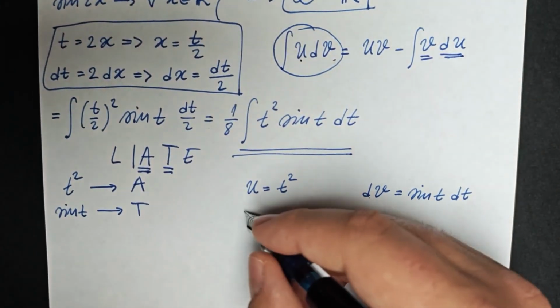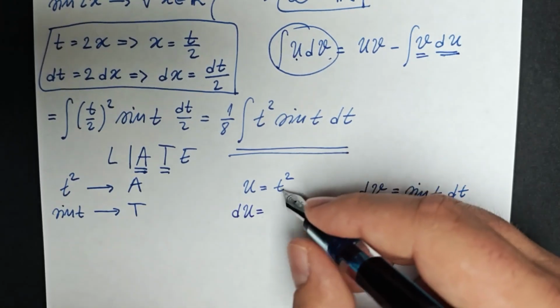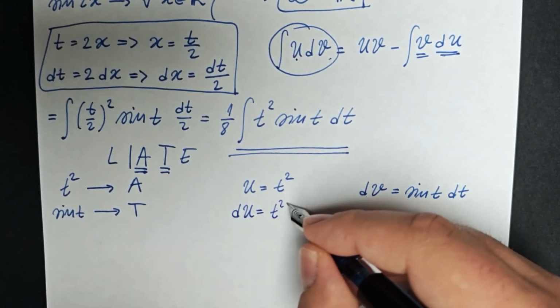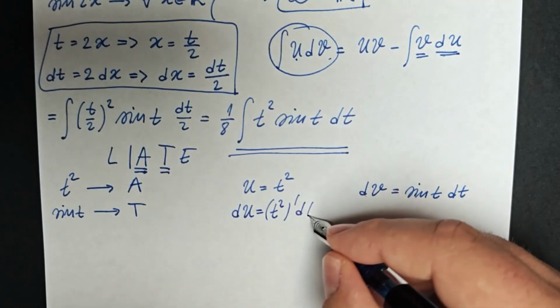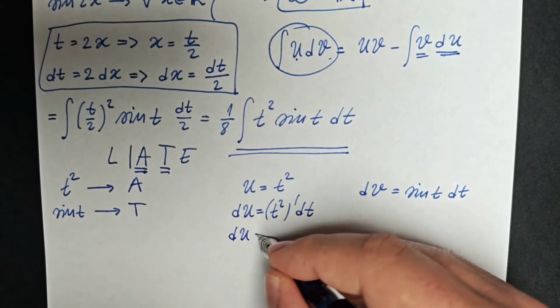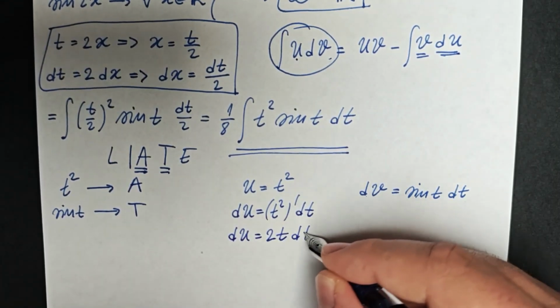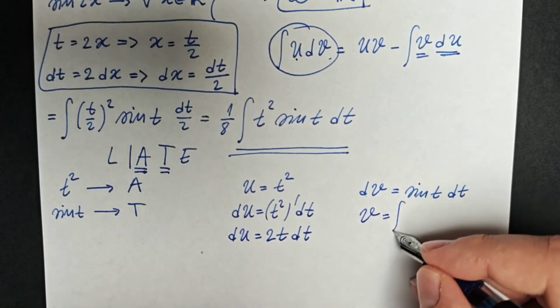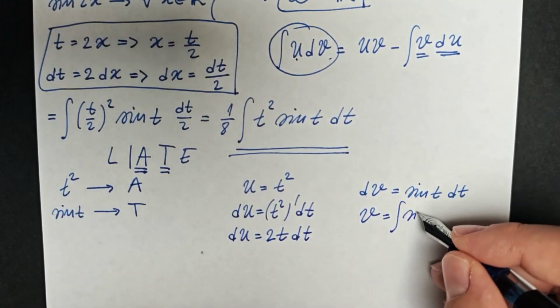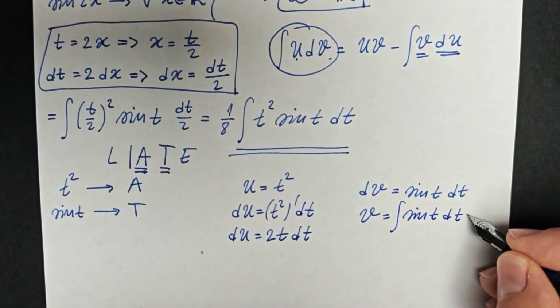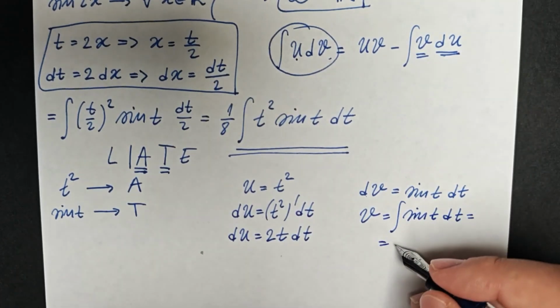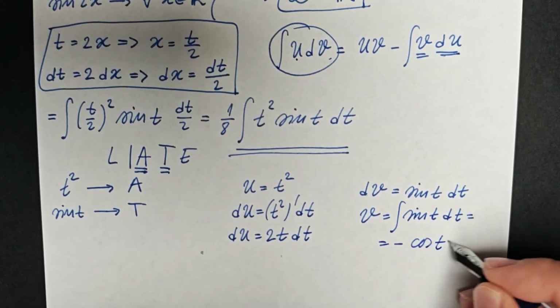So let's do that. du is going to be the derivative of t squared multiplied by dt, and that is just 2t dt. v is going to be an integral of dv, and that is the integral of sine of t dt, which is just going to be negative cosine of t.